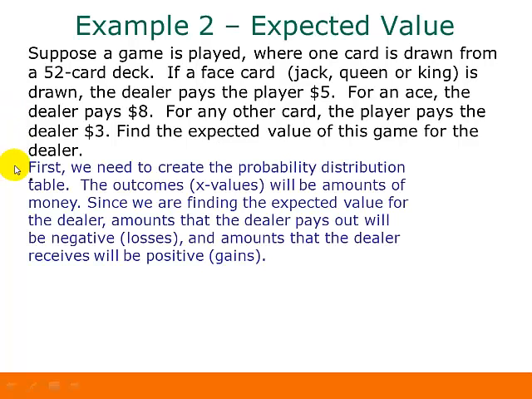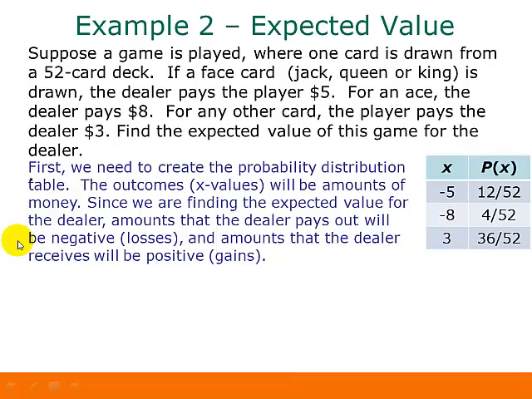So first we need to create the probability distribution table. The outcomes, or the x values, will be amounts of money. Since we're finding the expected value for the dealer, amounts that the dealer pays out will be negative, since they're losses, and the amounts that the dealer receives will be positive, since they're gains. So here would be our probability distribution.